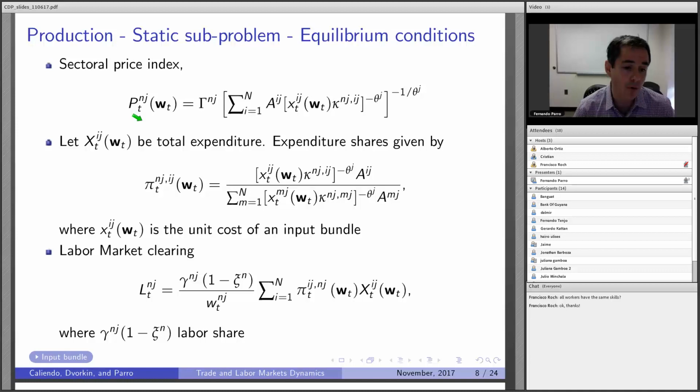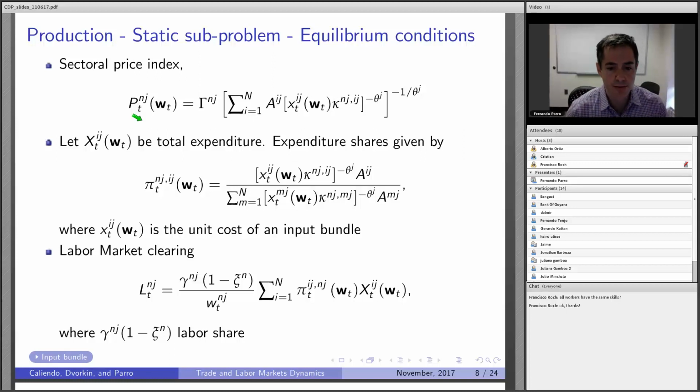It describes the flow of goods across different labor markets. As is standard in trade, the numerator depends on the cost of producing goods in the exporting labor market, the trade costs and productivities. So it's a standard bilateral resistance term.